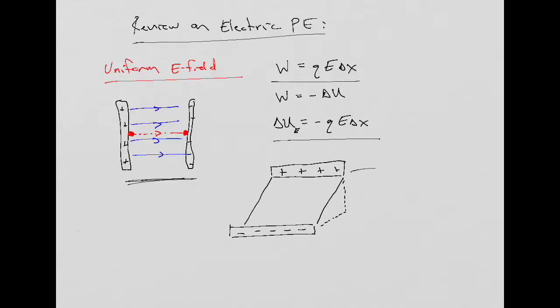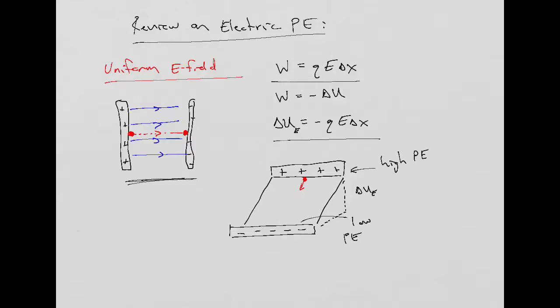High potential energy. So that when that charge falls down this incline from high potential energy to a low potential energy, it goes through some change in electric potential energy, delta UE here.